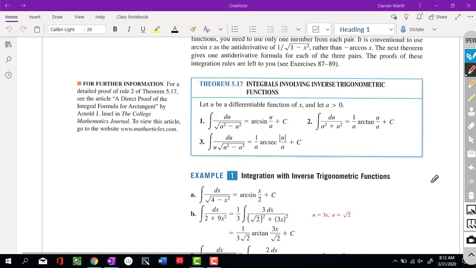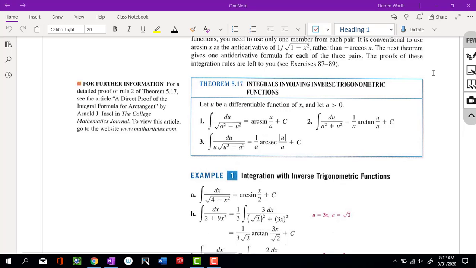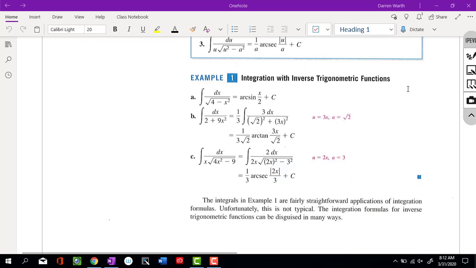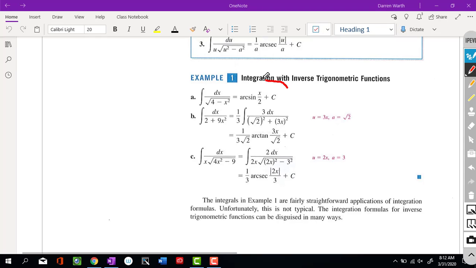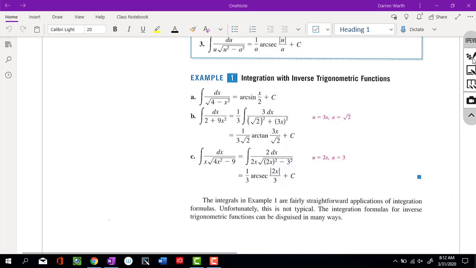So whenever I do my integrals, let's take a look at this first example. Example number 1 says this integral is the integral of dx over the square root of 4 minus x squared.